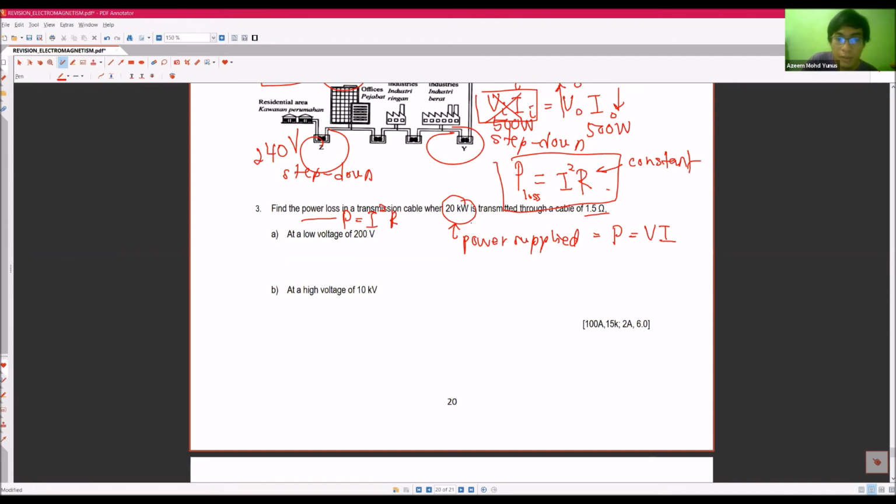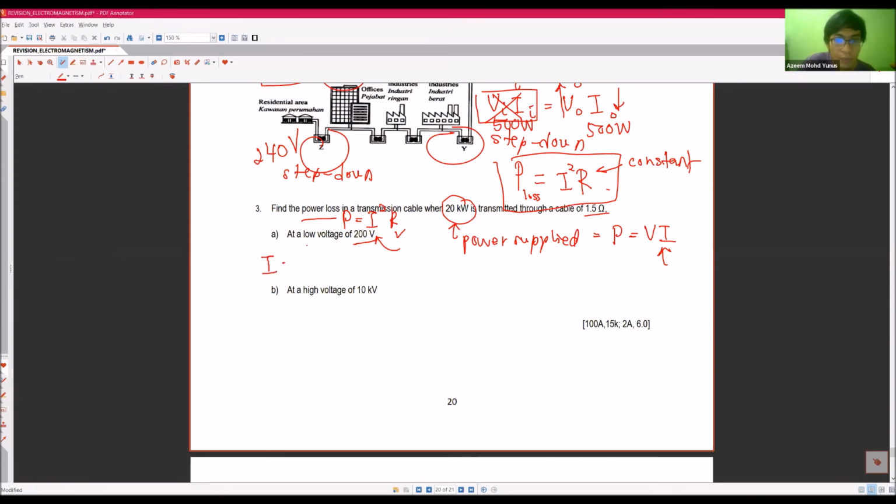Based on the formula P equals I squared R, we already have the value of R, 1.5 ohm. That means we need the value of I. Where can we get that? We can get it from here. We are already given the voltage of 200 volts, so we just need to find the current.